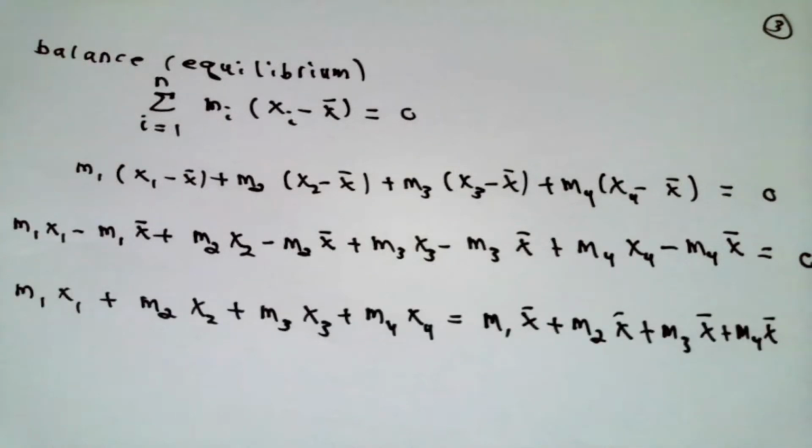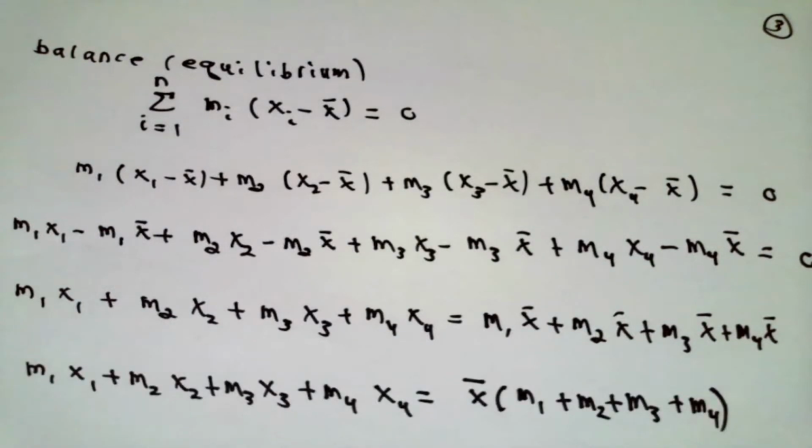Once I've done that, I see that over on the right-hand side, which is the only place x bar appears now, every term has exactly one factor of x bar, so I can factor the x bar out and rearrange things. After doing that, I can divide through by the number m1 plus m2 plus m3 plus m4, and I will have isolated the x bar, and I'll know the center of mass.